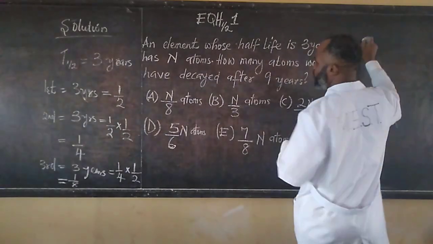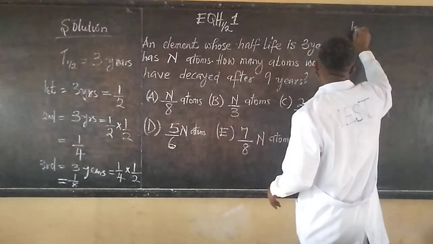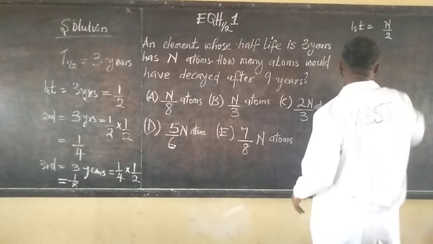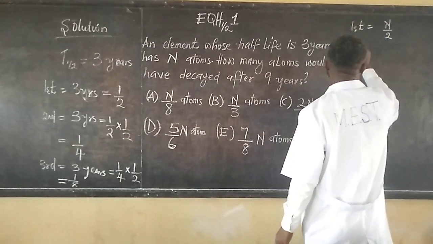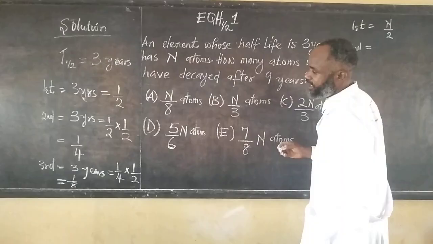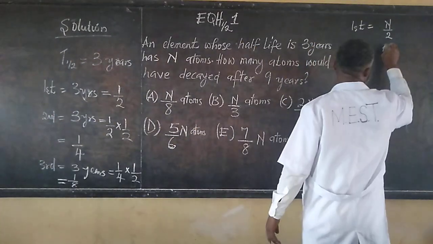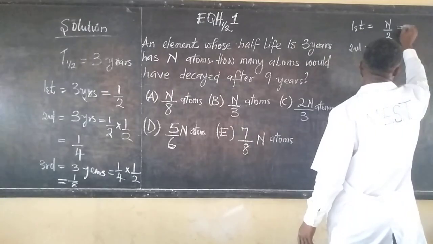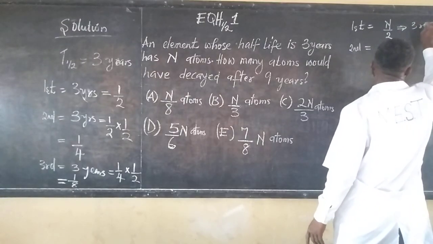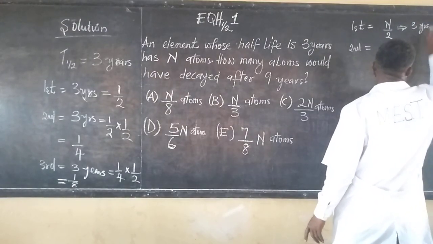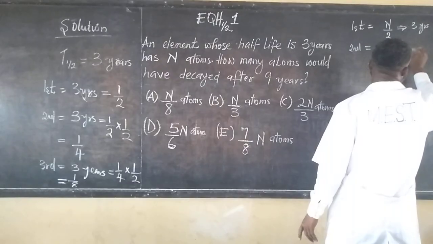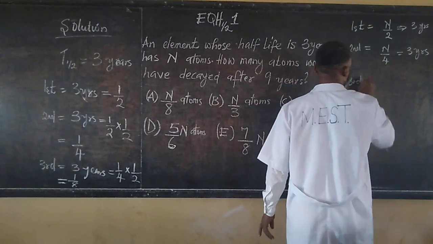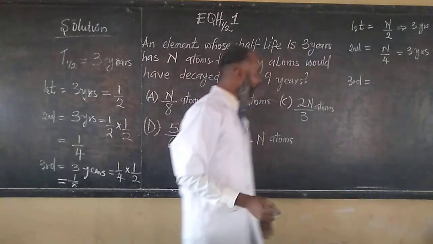Let me write it on the other side. The first cycle is N/2, half decays. In the second cycle of the radioactive element, what decays is N/4, and remember, this happens in every 3 years. Then the third cycle, what happens?